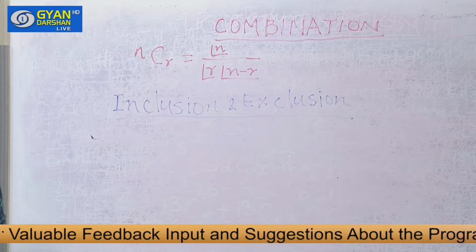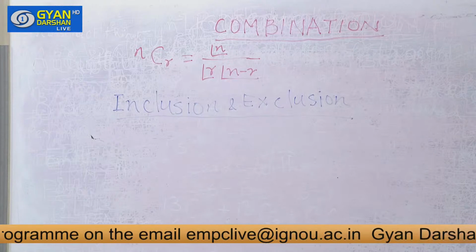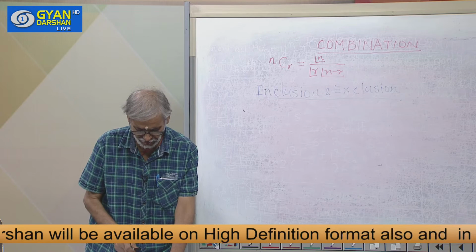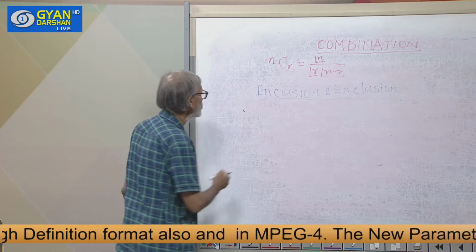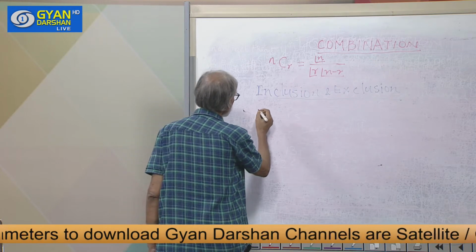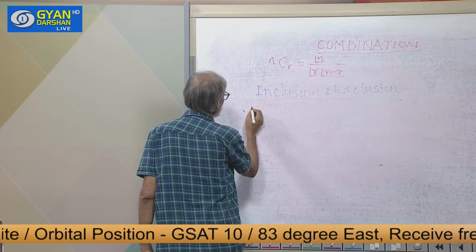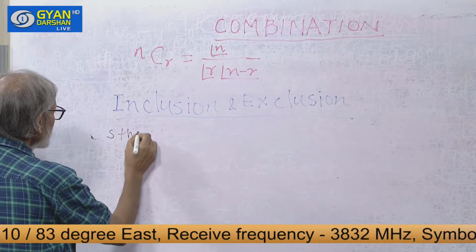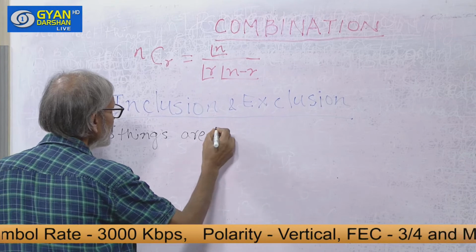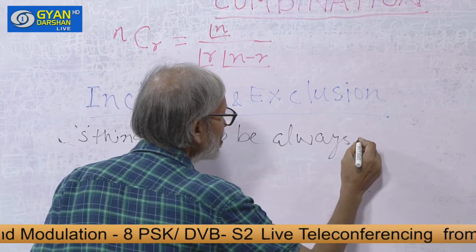Suppose from n distinct things, r things are to be taken at a time, and maybe s things are to be always included.